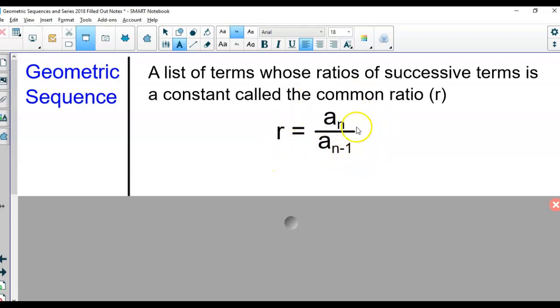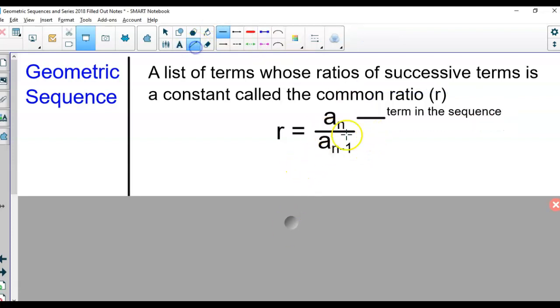That's that common ratio. So I take one of the numbers in the sequence. That's what that a sub n means, okay? A term in the sequence. And then a sub n minus 1 is the previous term in the sequence.